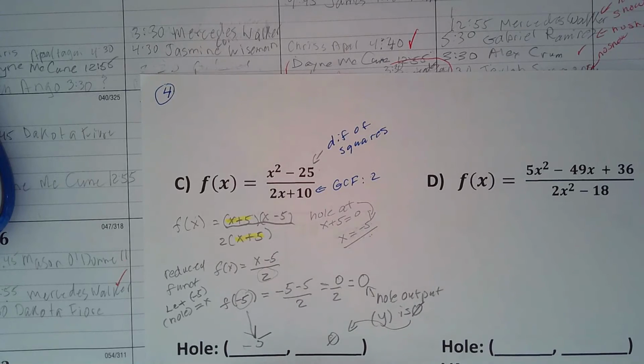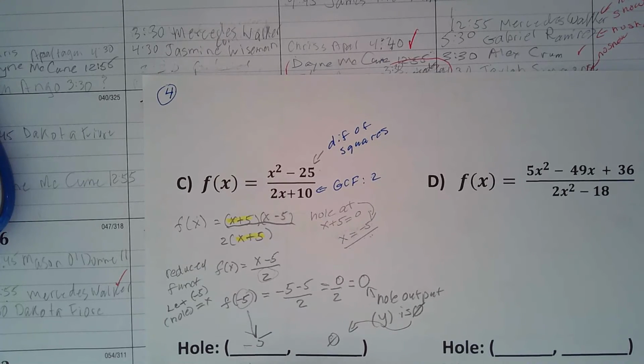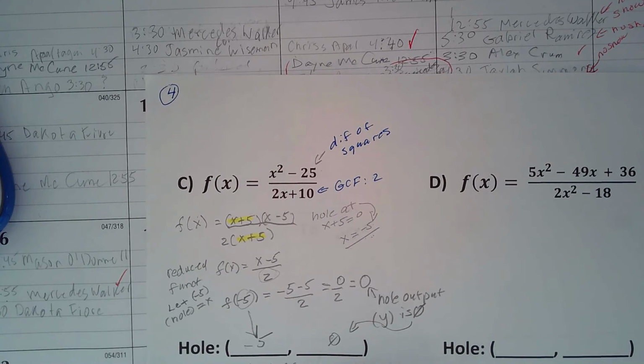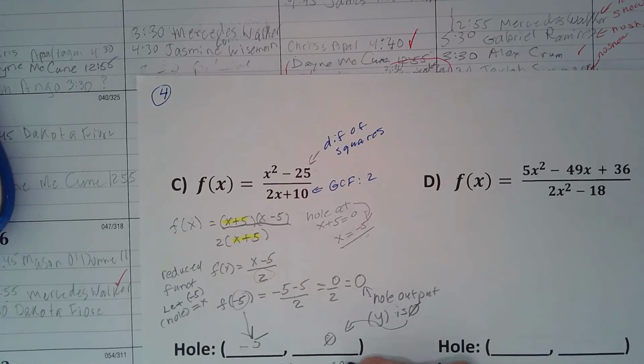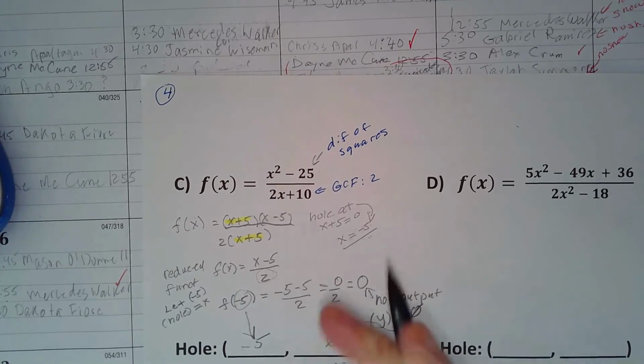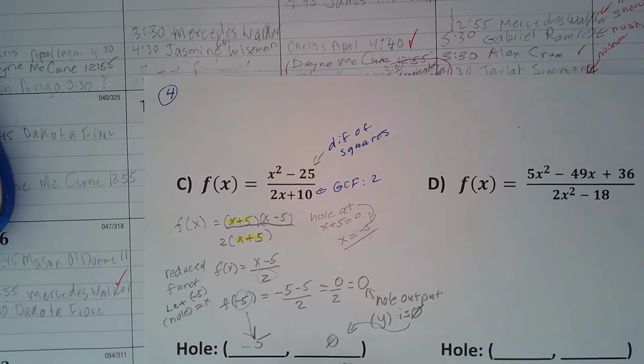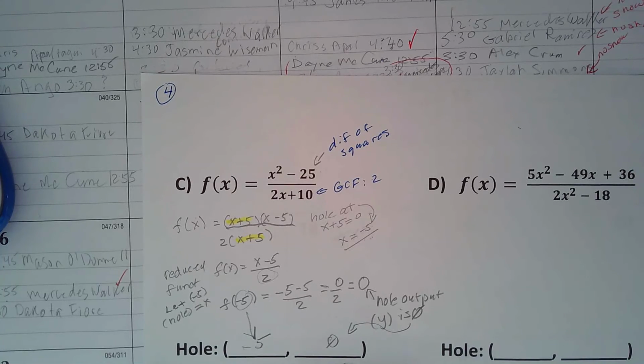It's 2. So vertical asymptote is the denominator, and then it equals 0.